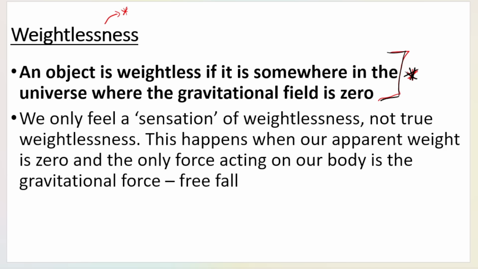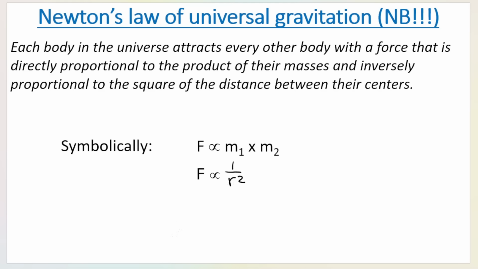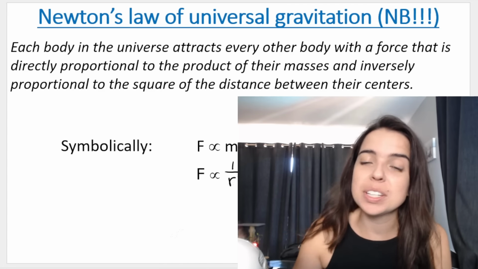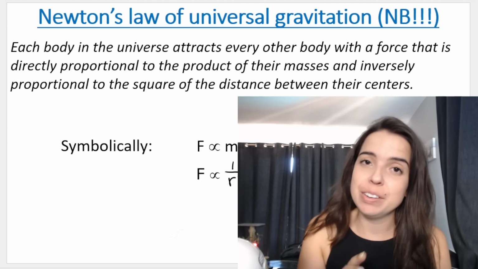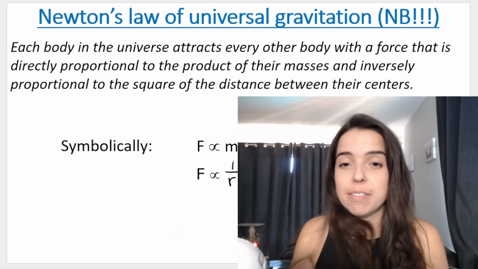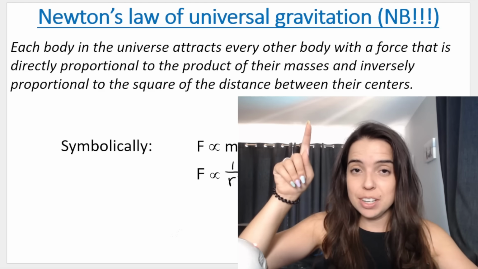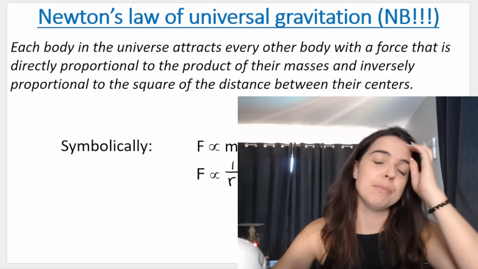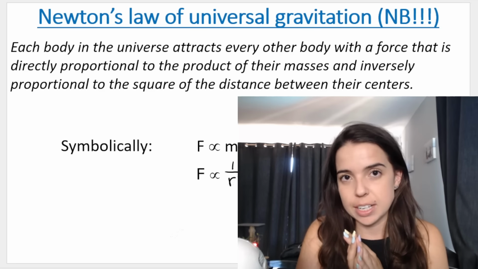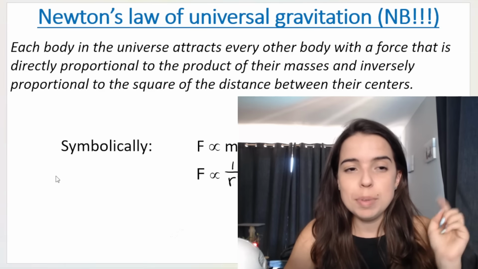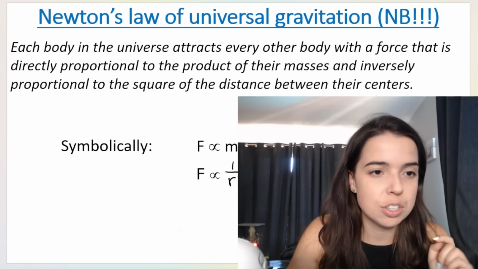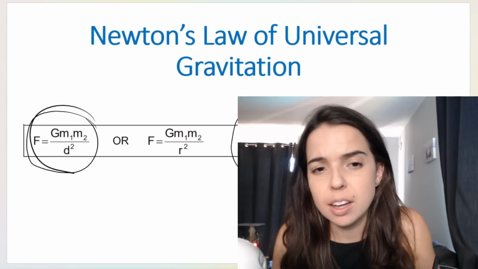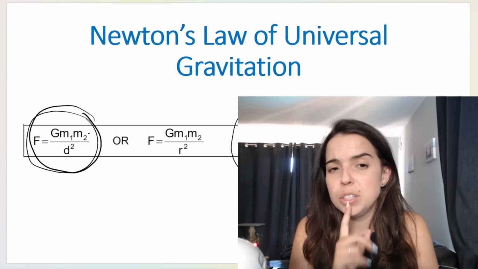That is how you would explain weightlessness. And it's a sensation. Now, here is my definition for Newton's law of universal gravitation. And you see how I said important. They are very, very likely to ask you this definition. Either it's going to be this definition or it's going to be Coulomb's law, which is a very, very similar definition. And if you've done electrostatics already, when you see the definition for Newton's law of universal gravitation, you should be thinking, that looks very similar to Coulomb's law.